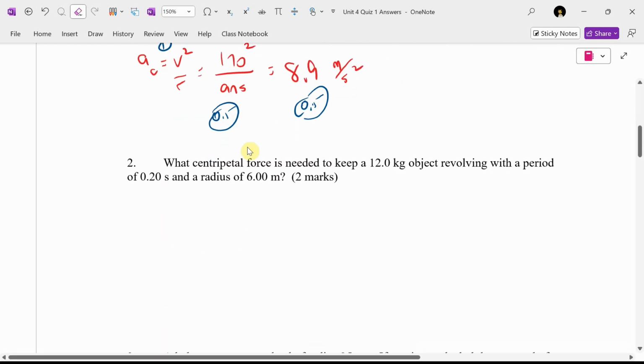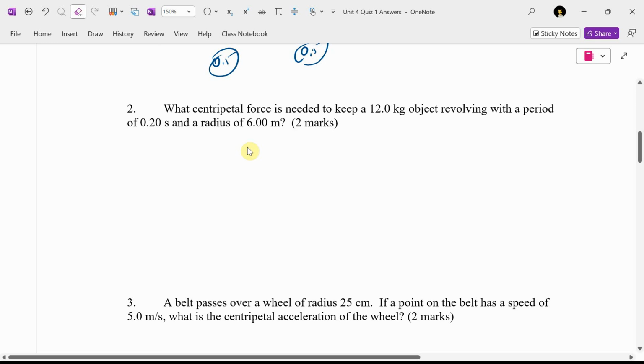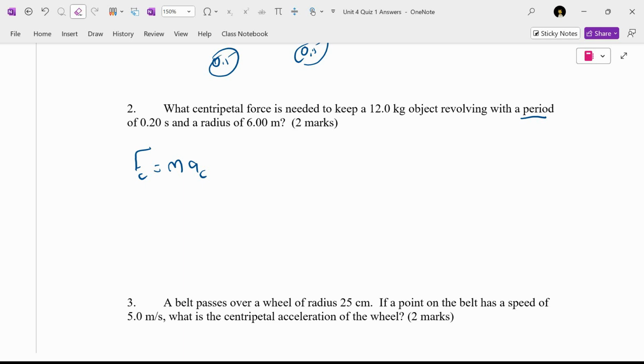Nicole, what's number 2 asking me to find? What force? You know what? This is no free body diagram. I can jump straight to FC equals, don't forget the m, aC. Which version of aC am I going to use? I see a period, so it's going to be m 4 pi squared R over T squared.